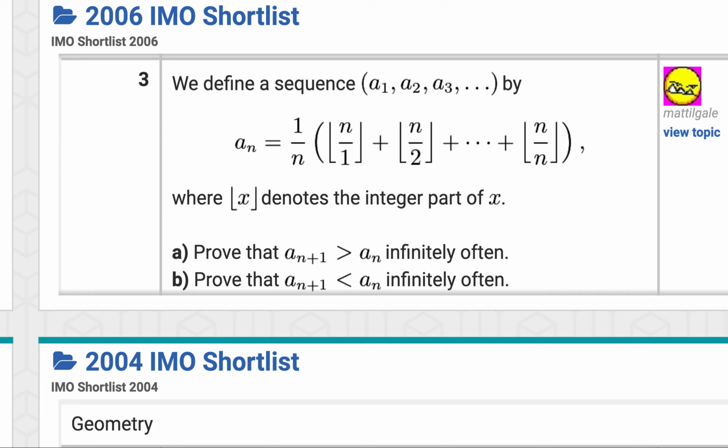The reason it feels more feasible is because you might know that 1 plus 1 over 2 plus 1 over n is proportional to log of n, so essentially it is approximately log n times some constant.